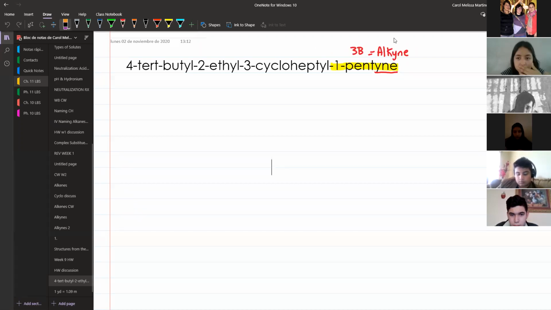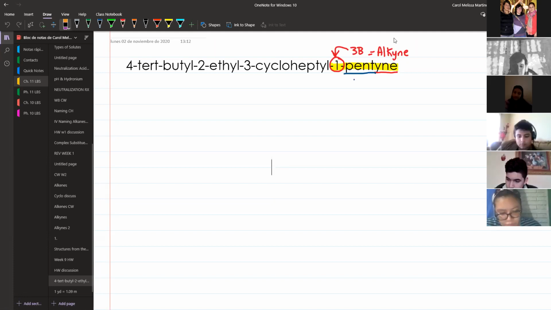So it is indicated right here, 1-pentyne. Okay, so pentyne gives me more information. Remember, the prefix pent means 5. And in this case, I'm talking about a 5 carbons parent chain.